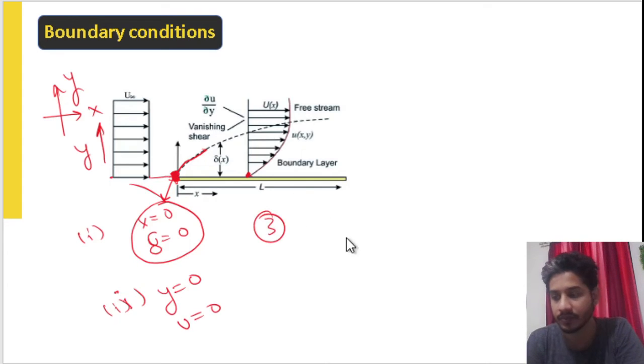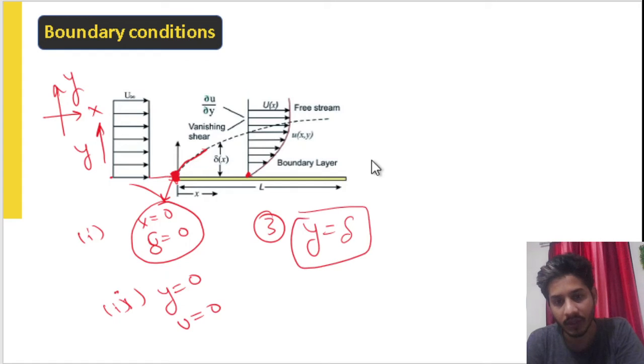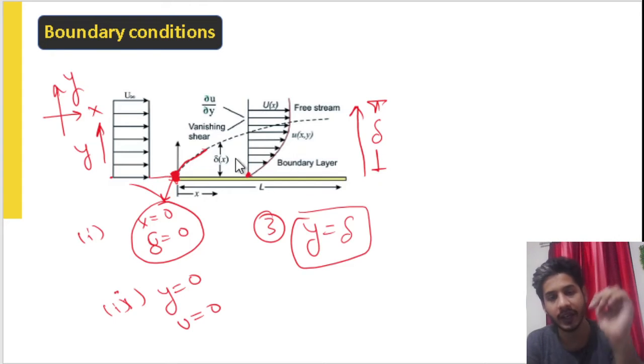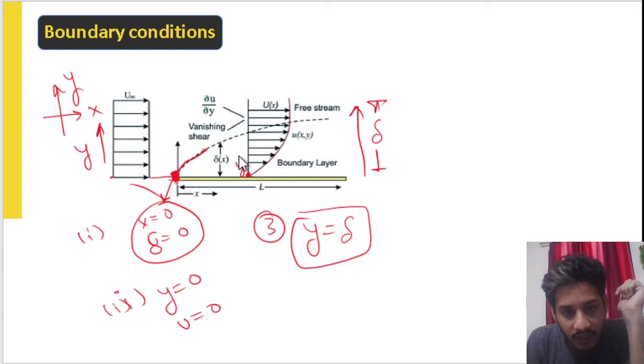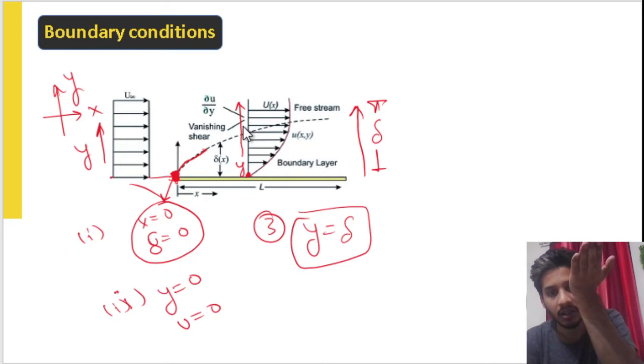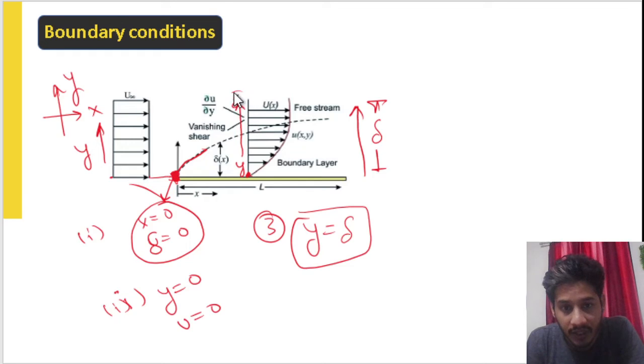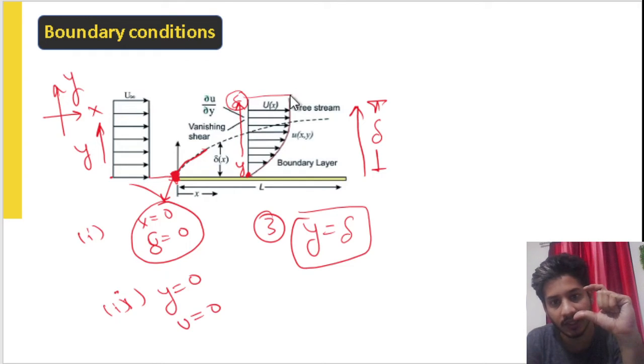Third condition is at y equal to del. This is the y direction, and as y keeps on increasing in the perpendicular direction, when it reaches the value of del, at this point, this is the boundary layer thickness.